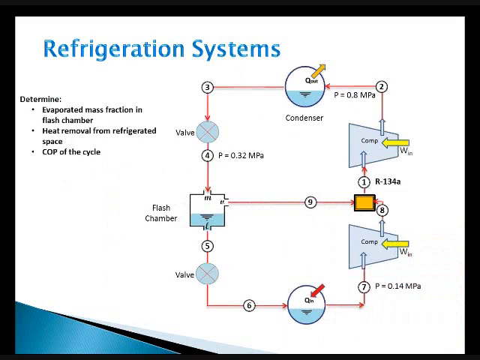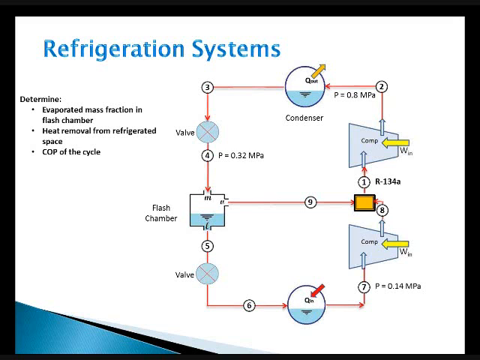Let's say we want to solve a two-stage refrigeration system with high-pressure and low-pressure compressors, and a condenser, and then a valve that gets the pressure down to a flash chamber. In the flash chamber, you extract the vapor out, and the liquid goes down to the evaporator, and then you have a low-pressure compressor.